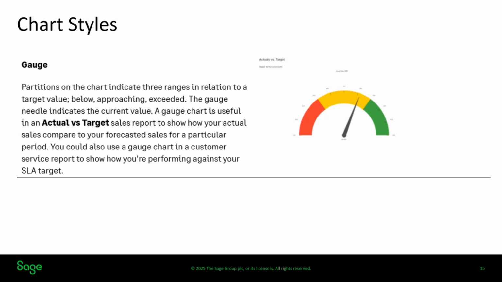Very useful when you are wanting to get that sense of summarized information. And there are examples of the gauge charts inside the demo data. So it's a good way to have a look at the example reports that are shipped with Sage CRM to understand how to build those reports.